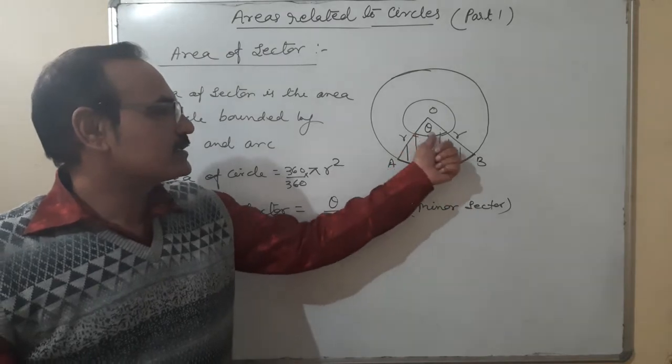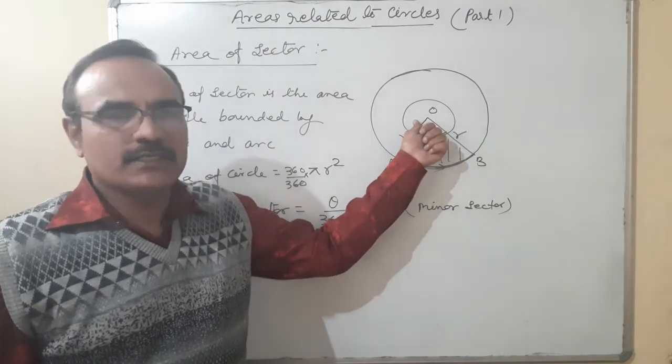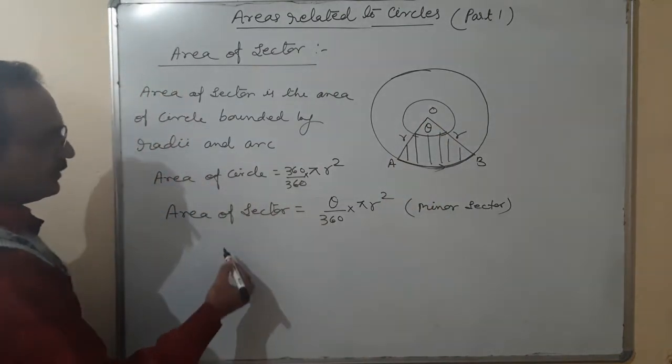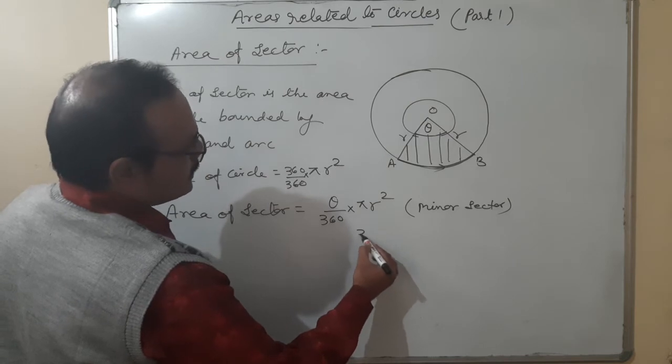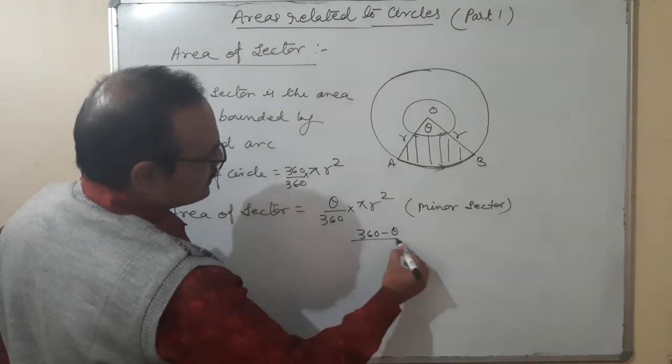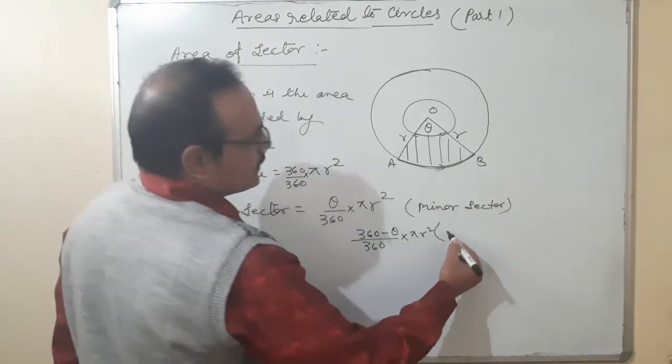When we are going to find the area of major sector, what is the major sector? Since this is theta, the remaining portion is 360 minus theta. So the area of major sector is 360 minus theta upon 360 into pi r square.